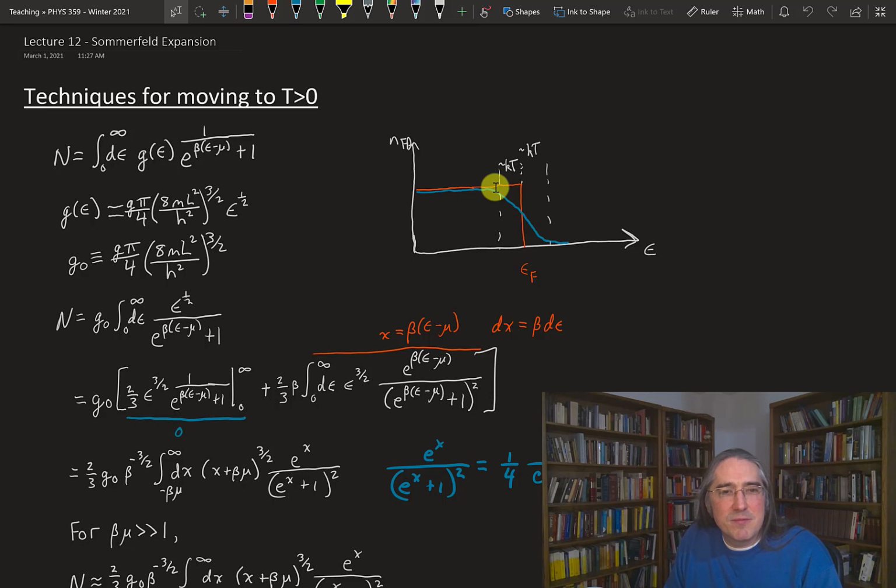I realized as I was responding to some questions on Piazza that there's some terminology I maybe haven't said out loud that I should, because people use it all the time talking about Fermi gases. So this edge at E Fermi is often referred to as the Fermi surface. Now, it doesn't look like a surface here because it's not.